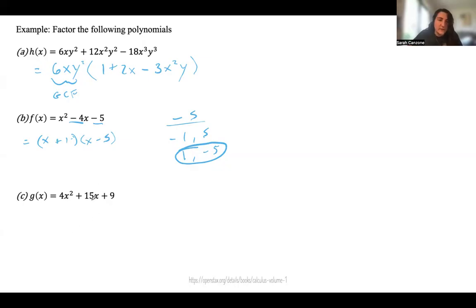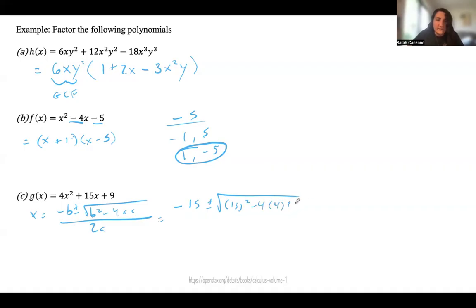Okay, this last one here, again, if you know how to factor it using other methods, you can go ahead and try. I'm going to use the quadratic formula because I see a number other than 1 before our x squared. So we have x equals -b plus or minus the square root of b squared minus 4ac all over 2a, which is -15 plus or minus the square root of 15 squared minus 4 times 4 times 9, all over 2 times 4.